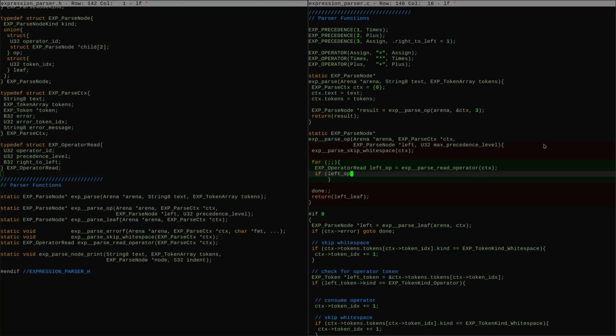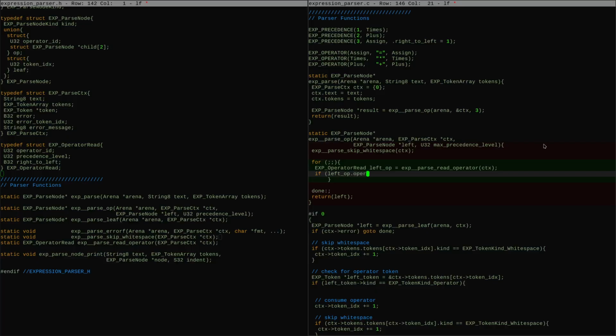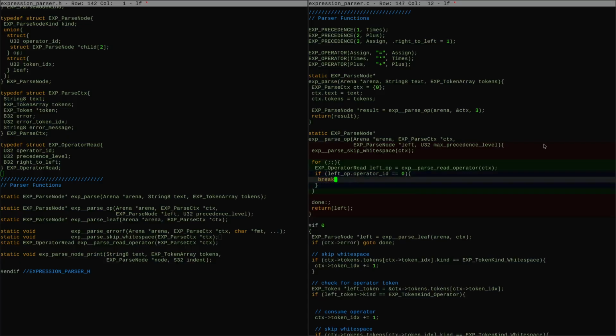If the left operator has not shown up at all, then we'll break.